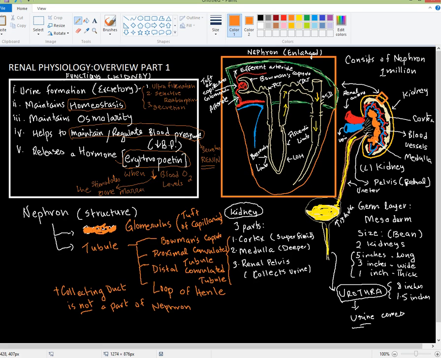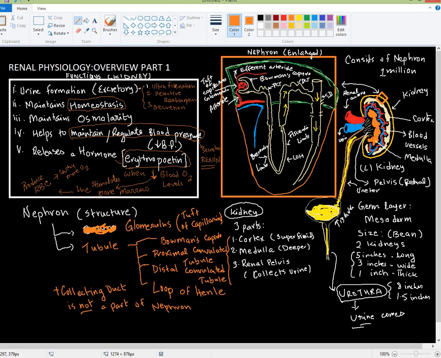And what does bone marrow do? When the bone marrow is stimulated, it is asked to produce more RBCs, which are erythrocytes, red blood cells. If there are more red blood cells, then the blood can carry more oxygen, O2, through hemoglobin.